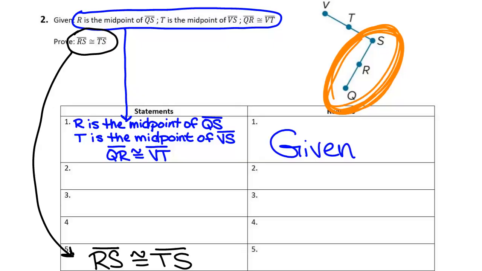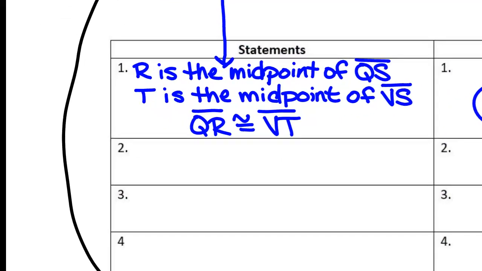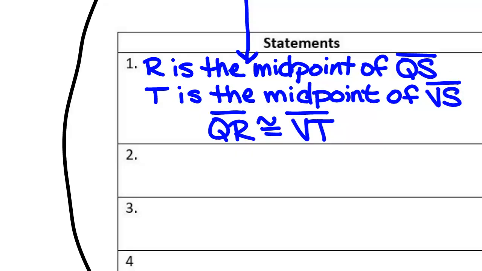It's going to add an extra step to my proof. Or I can say that they are equal. If I say they're congruent, I'm using midpoint theorem. If I say they're equal, what are we using? Definition of midpoint, yes. QR is equal to RS.